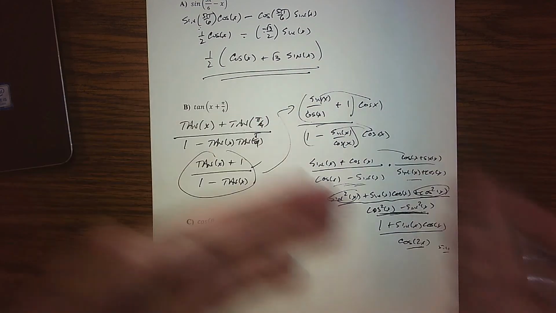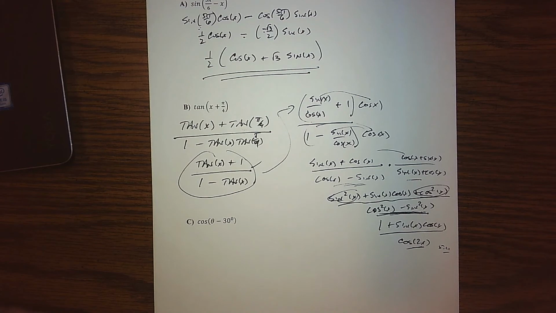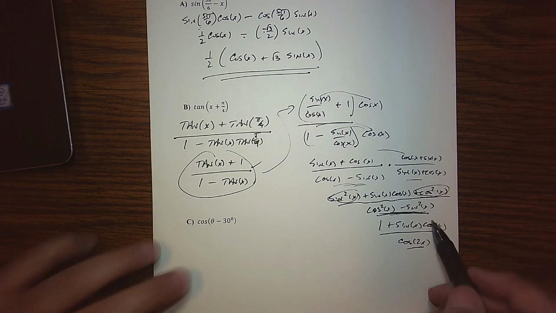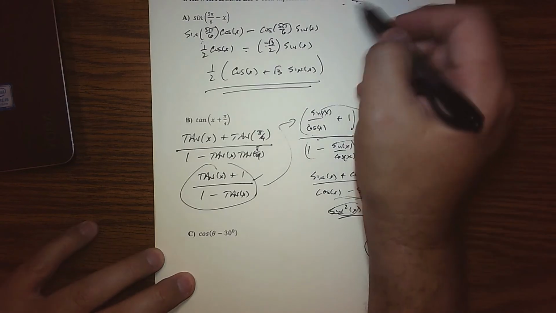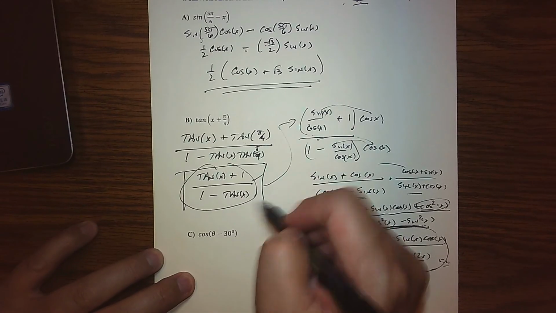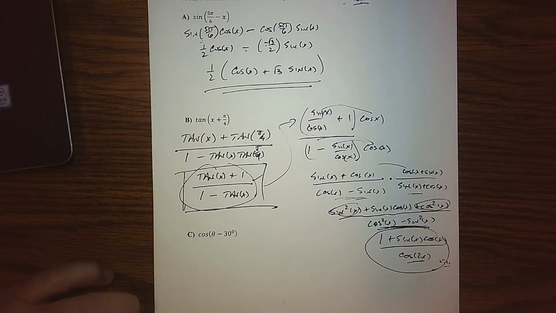Some nice things to see there, but at the end of the day, that takes us away from what we want. So it's probably best just to keep that in terms of tangent x, and we'll just keep the quotient. I can't figure out a nice way to get rid of that, so we'll just leave it there.